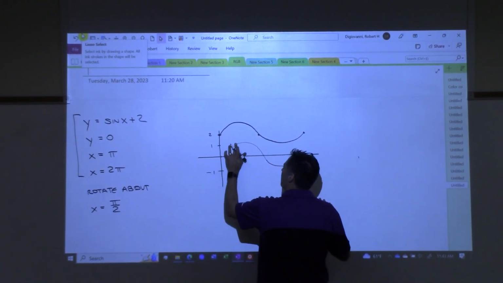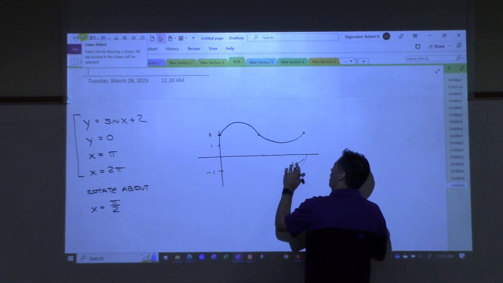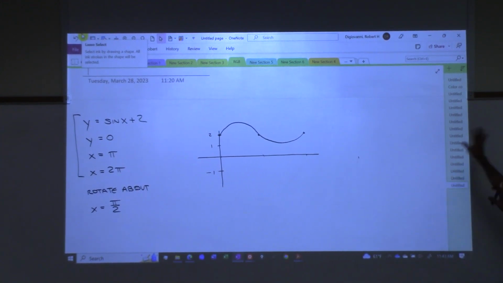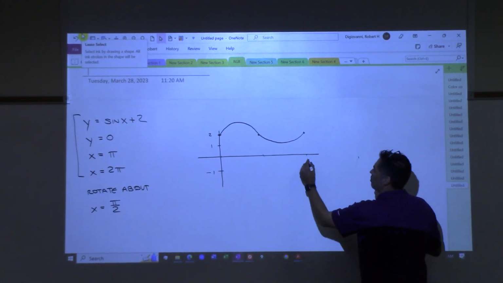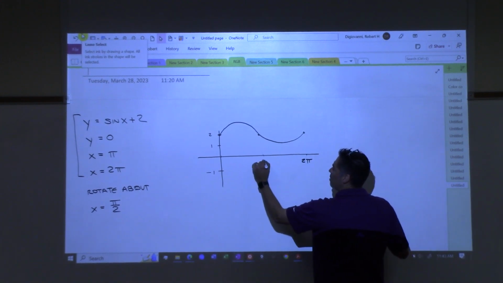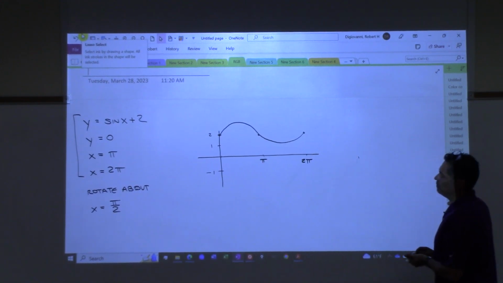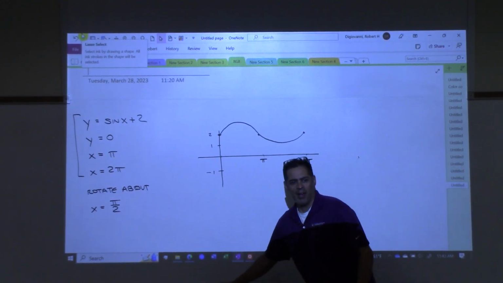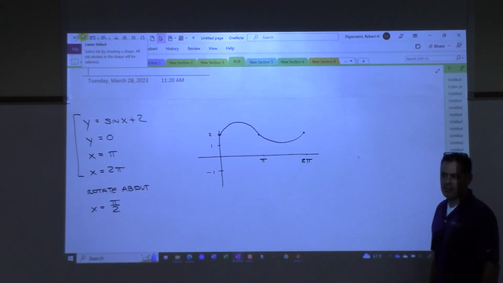That's what the graph of sine of x plus 2 is. It goes in both directions forever. This is actually 2 pi. It goes through 1 period in 2 pi. Halfway is pi. Why do I know that? Pre-cal.